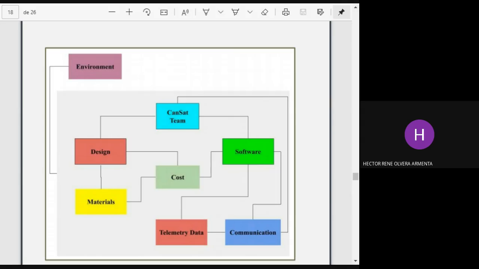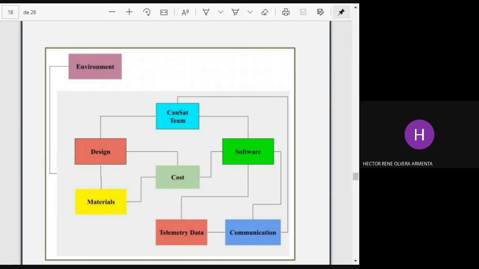And also, we are going to focus on the software, because once the satellite is launched, the structure is going to transmit telemetry data to us at the ground station.